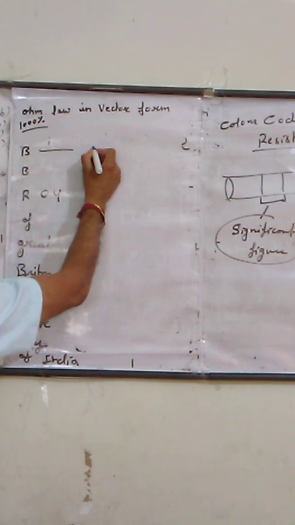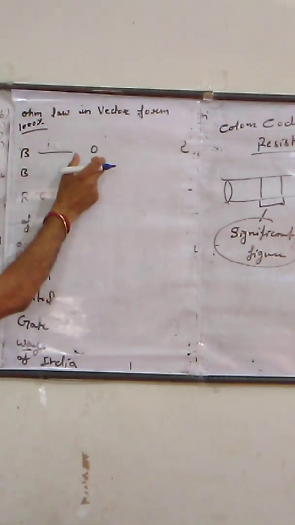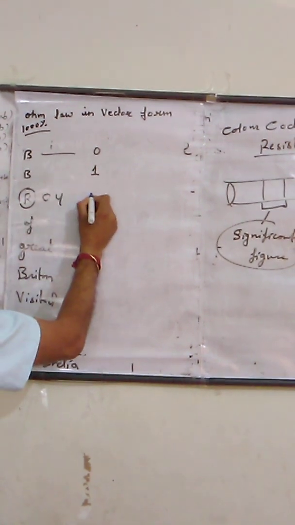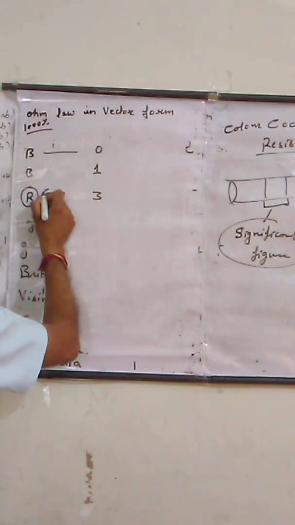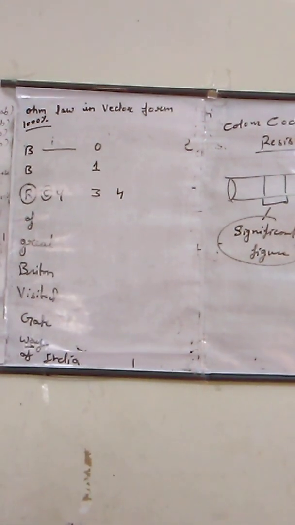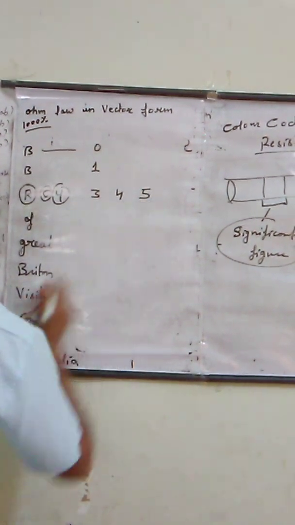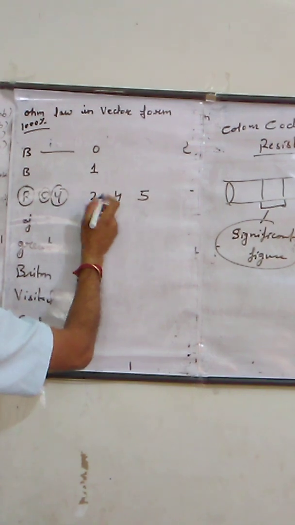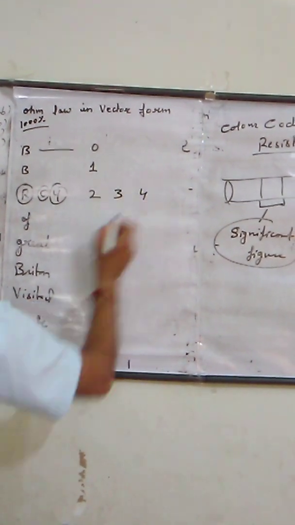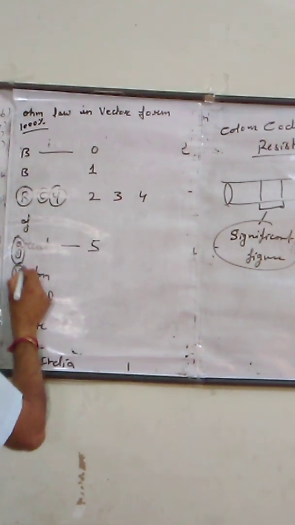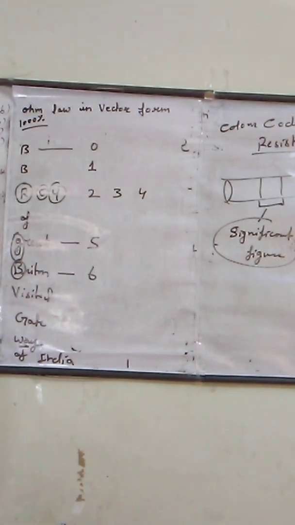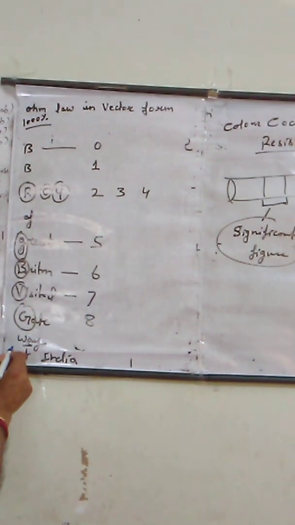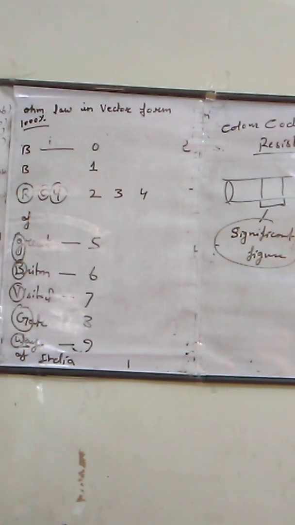The first B gives me 0, the second B gives me 1, then R is for the third number, which is 2, O is for 3, Y is for 4, then G for 5, then B for 6, then V for 7, then G for 8, and then W for 9. So these are the numbers.